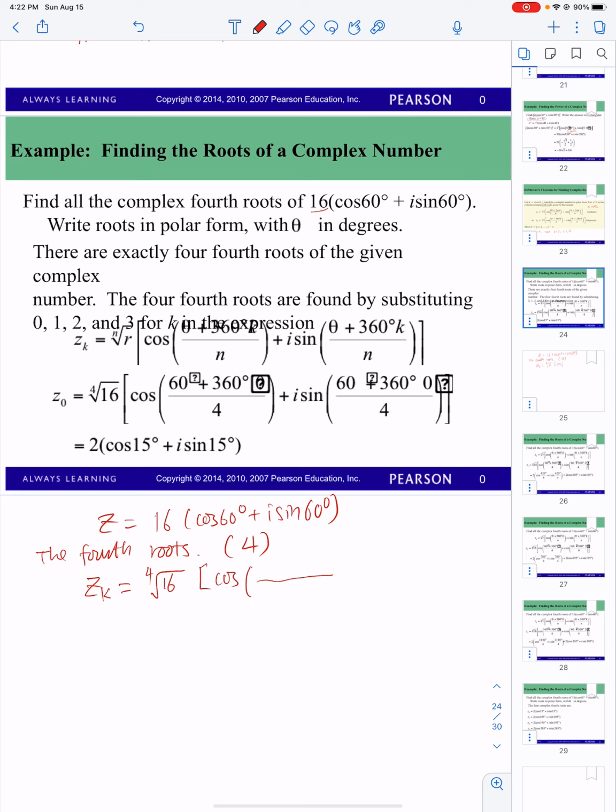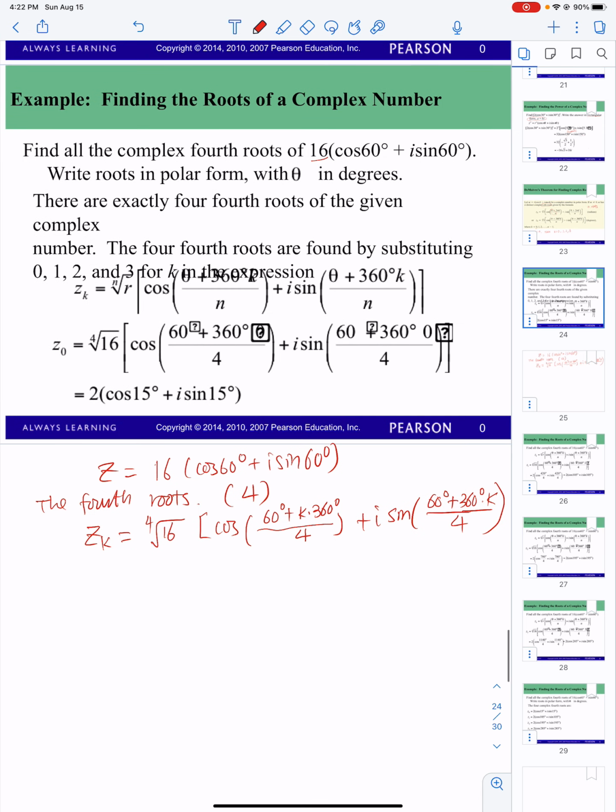Do not forget, it's 60 degrees plus k times what? 360, divided by 4, plus i sine of 60 degrees plus 2 pi k, which is 360 degrees times k, over 4.